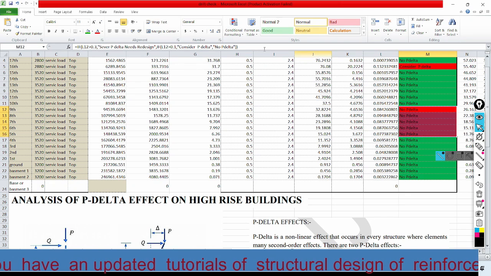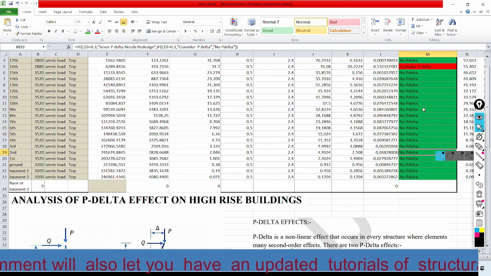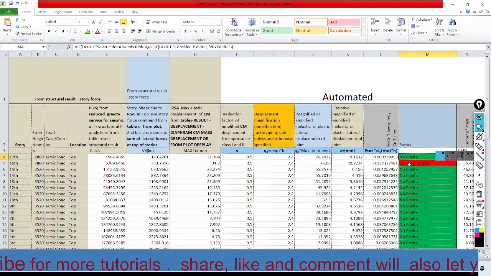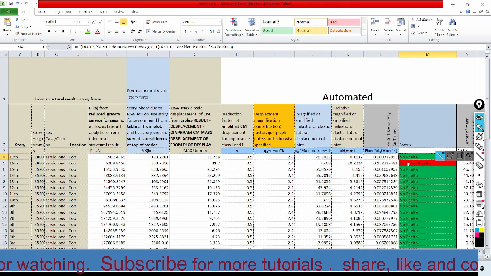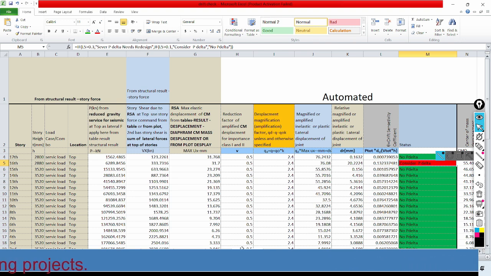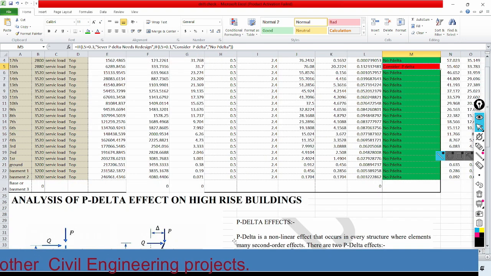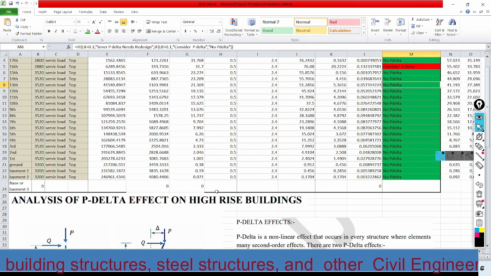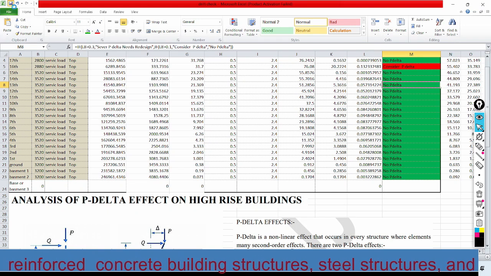All the rest are okay, except here there is a P delta effect at 16th story. So we need to consider the effect of P delta at 16th story, both in positive x and in negative x direction. So come back to ETABS.